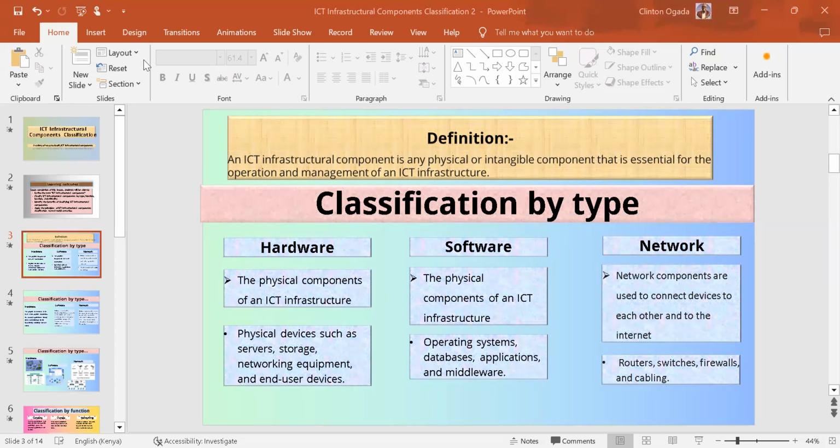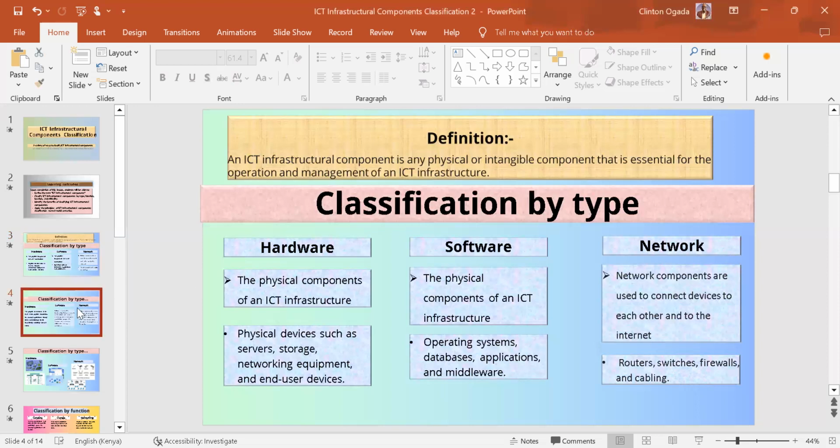Yeah, thank you. So it simply refers to the programs, and examples of such programs are operating systems, databases, applications, and middleware. And we also look at another type of classification by network. So we have the network components that are used to connect devices to each other and to the internet. Examples of such components include routers, switches, firewalls, and cabling.